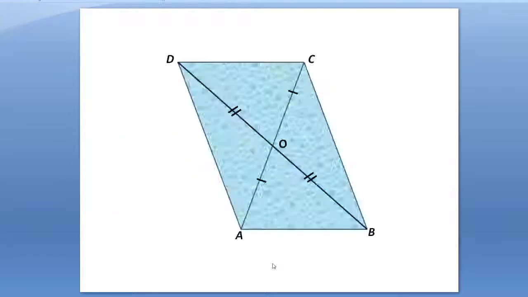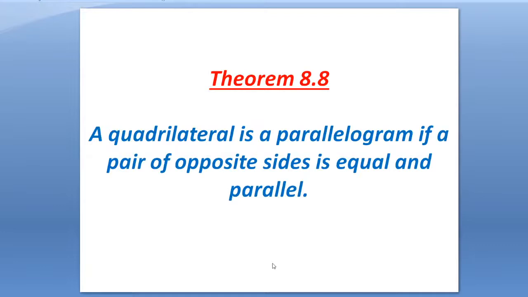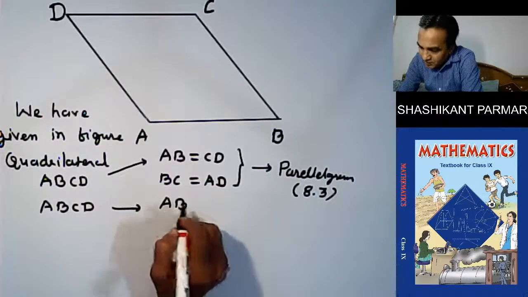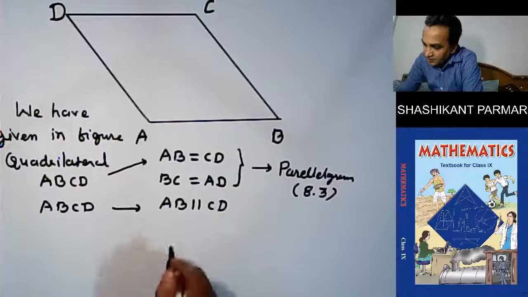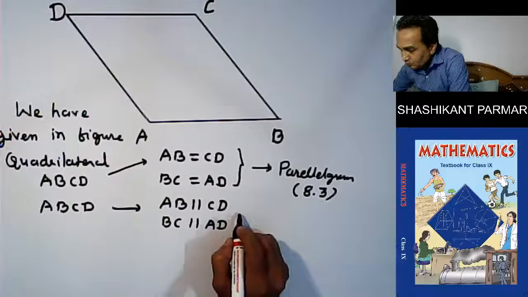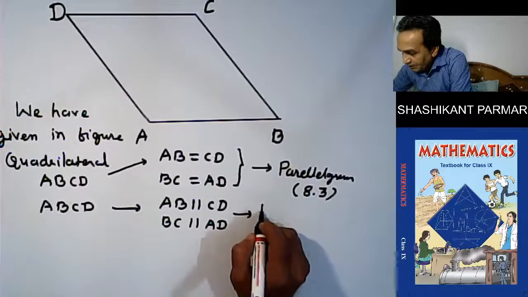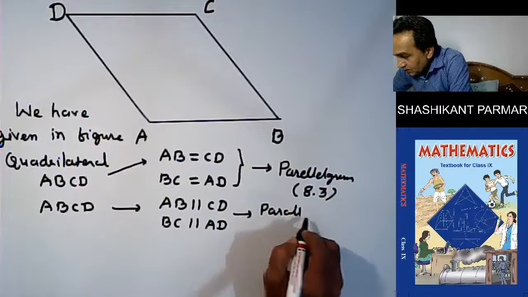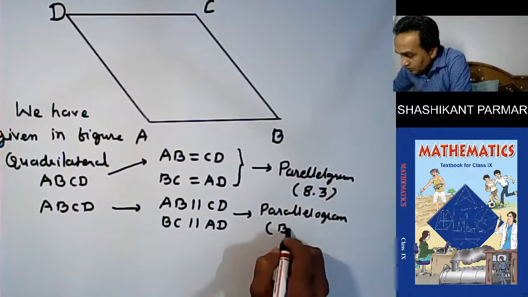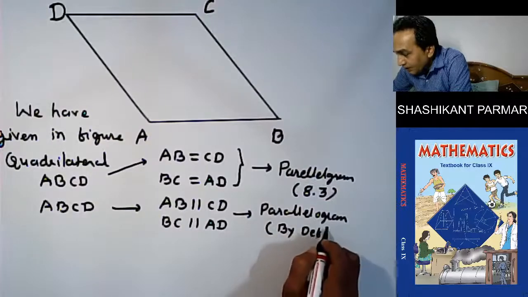Okay, now come back. AB is parallel to CD. BC is parallel to AD. So ABCD is a parallelogram. So this is by the definition of parallelogram.